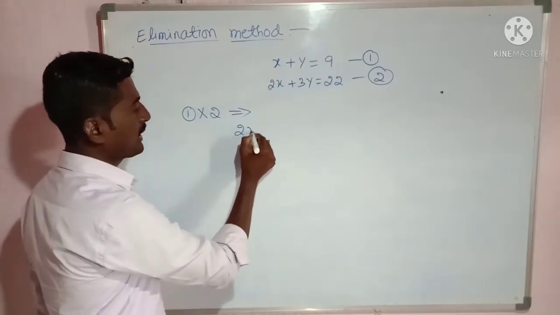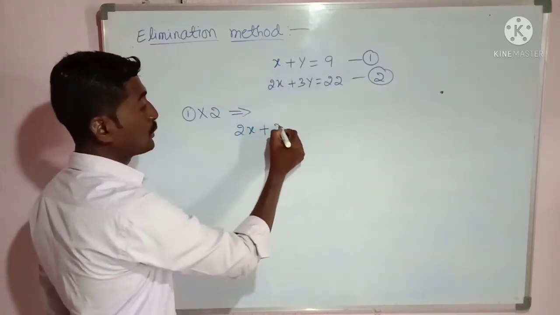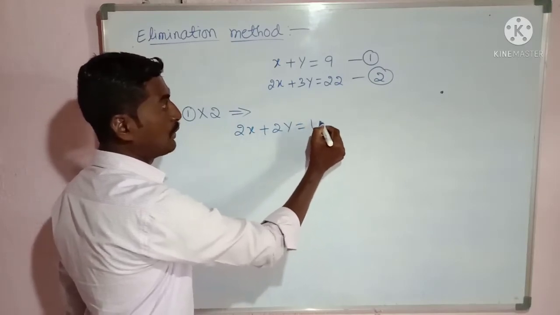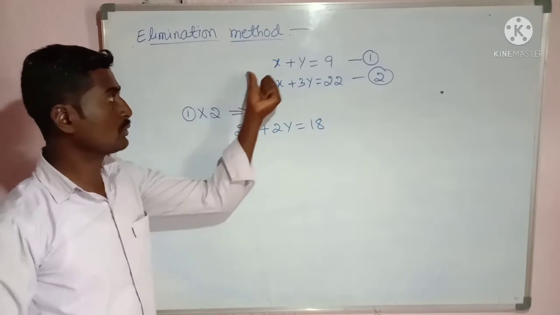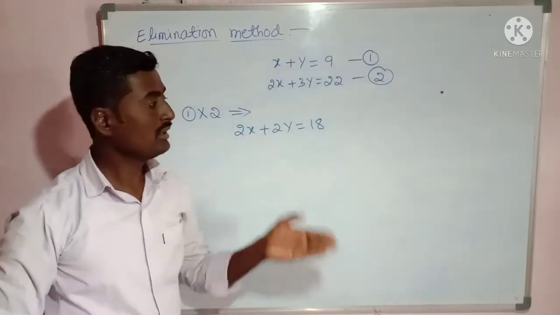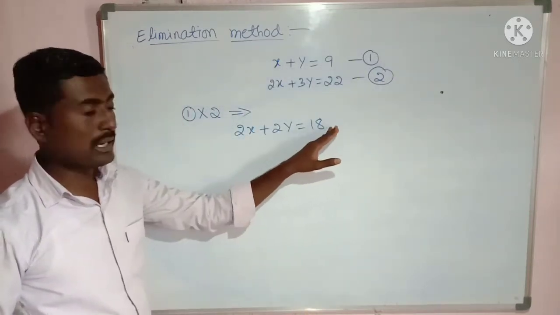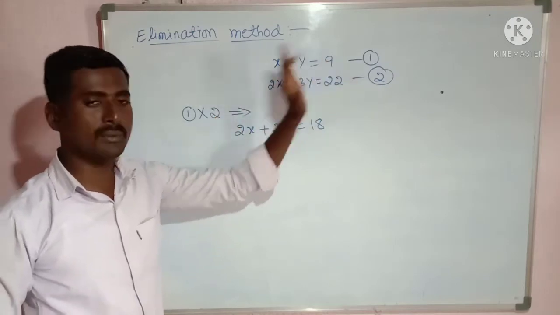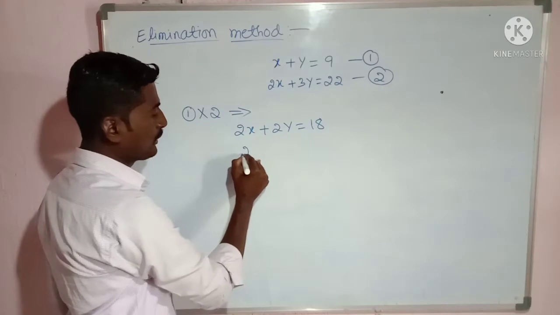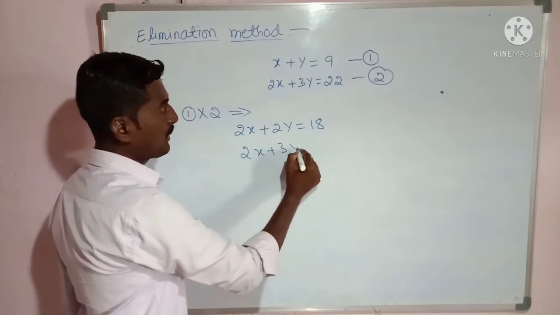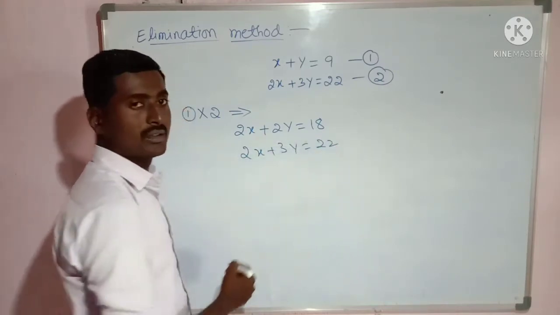So equation number 1 into 2 implies, this will become 2x plus 2y is equal to 18. Multiply 2 to the whole equation. Now we'll take equation number 2. What is that? 2x plus 3y is equal to 22.